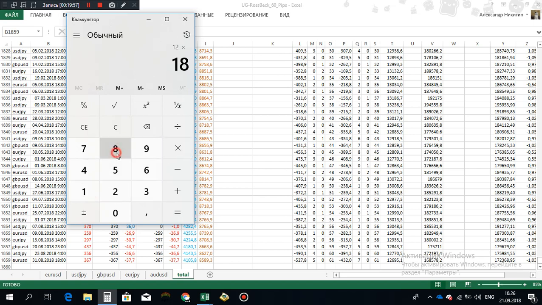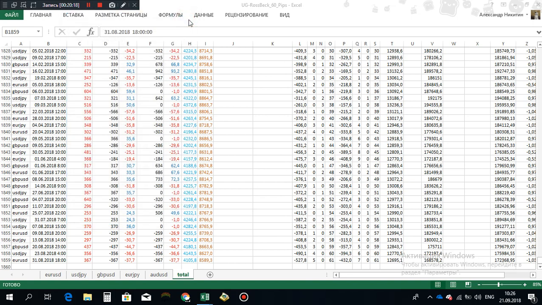Well, very simple: 18 years times 12 months is 216 months, and we should add 8 months for 2018. So in total we have 224 months.